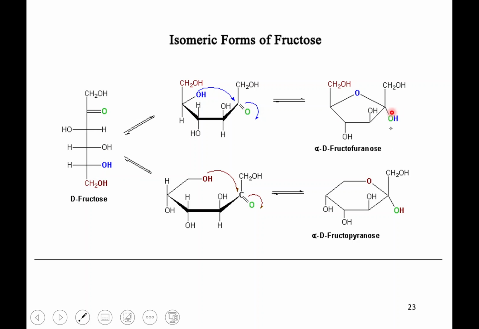So the OH group is below the plane, this is above the plane, so this would be the alpha anomer. If that OH group is on the top and CH2OH is on the bottom, that would be the beta anomer. I want to point that out specifically for the 5-member ring structure for fructose and other sugars. Determining the anomer can be a little bit tricky because you're comparing the CH2OH group furthest from the carbonyl with the OH, not with this other CH2OH from carbon 1.